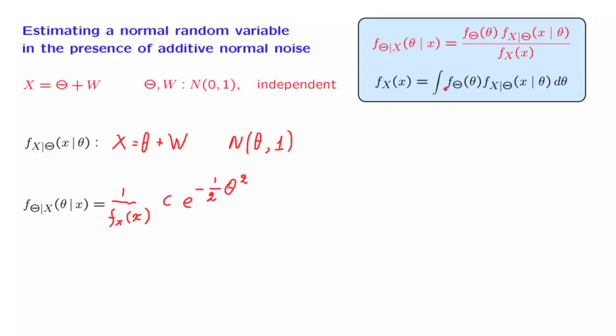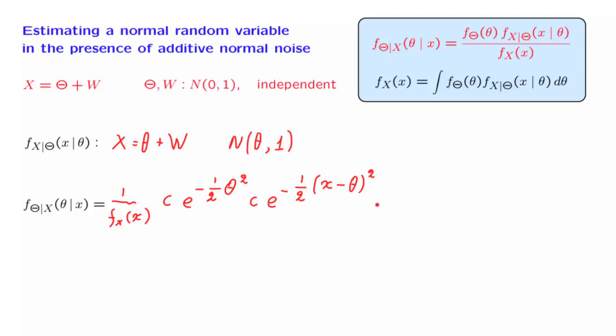And then we have the conditional density of x given theta, which is a normal with these parameters, and therefore takes the form c e to the minus 1/2. It's a density in x, and so up here we have x minus the mean of that density, but the mean is equal to theta squared. And this is the final form.